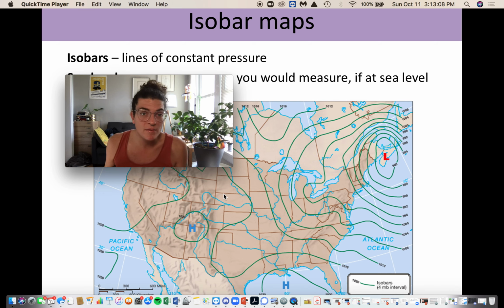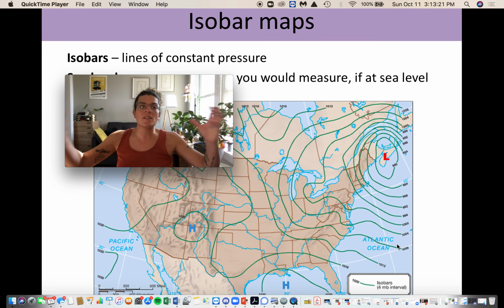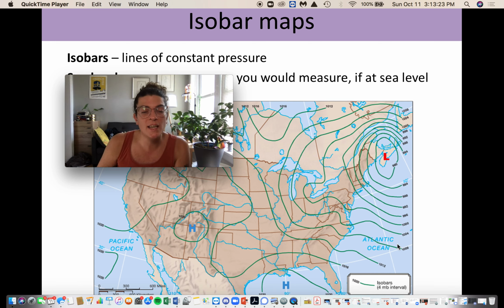Maybe it's 1017, maybe it's 1019, whatever. That's what the air pressure is in here. And then between here and here, it's anywhere between 1012 and 1016, and so on. So these are just contours that are delineating what the air pressure is in certain regions on the Earth. And we use these to depict high and low pressures and storm systems.